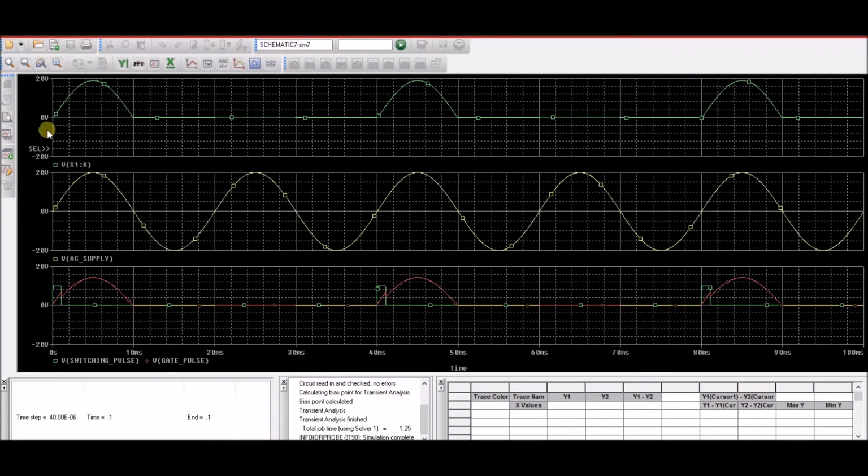Now let us see what happens at the current level.